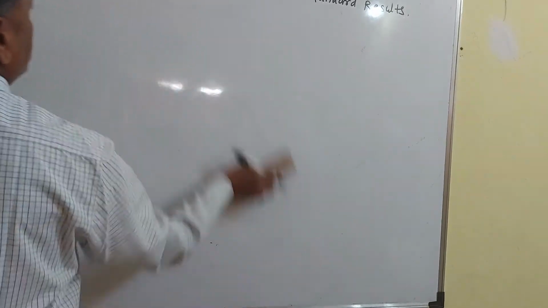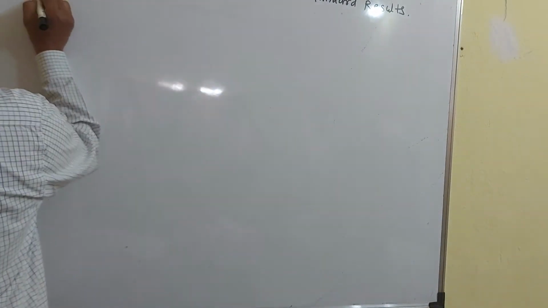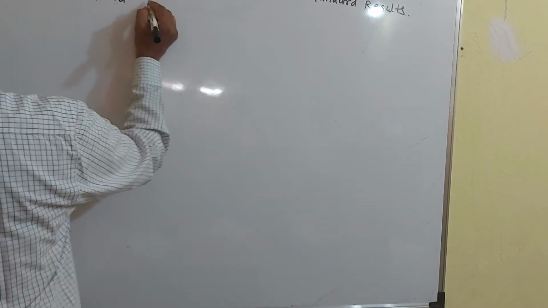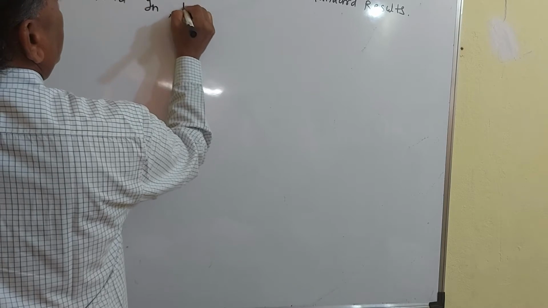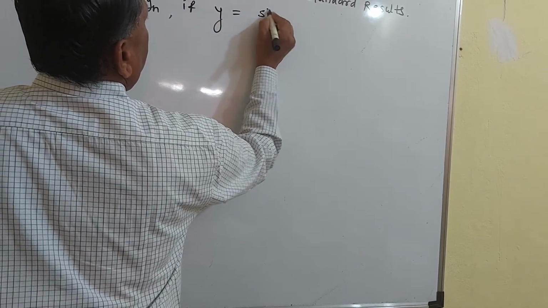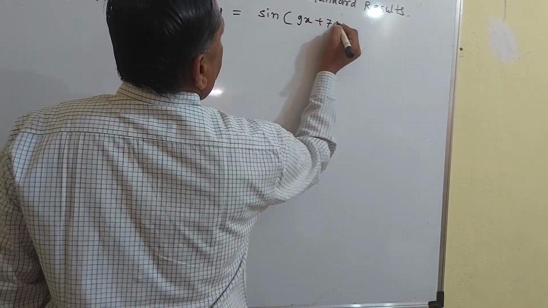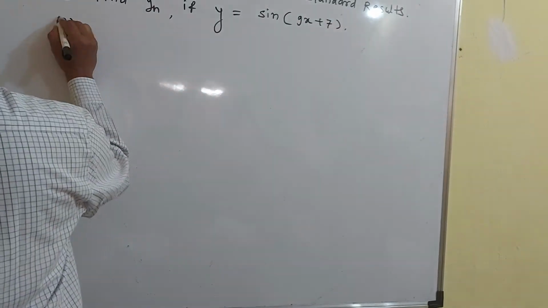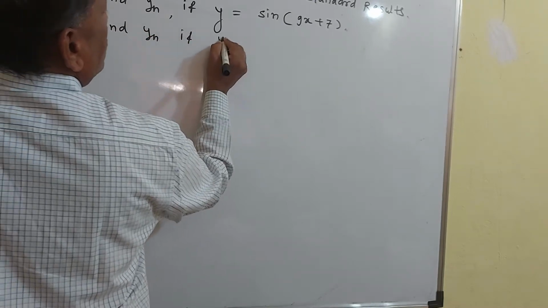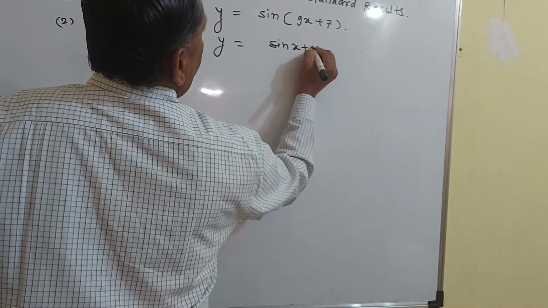Examples. Number 1, find yn if y is equal to sine of 9x plus 7. Number 2, find yn if y is equal to sine of x plus 5.